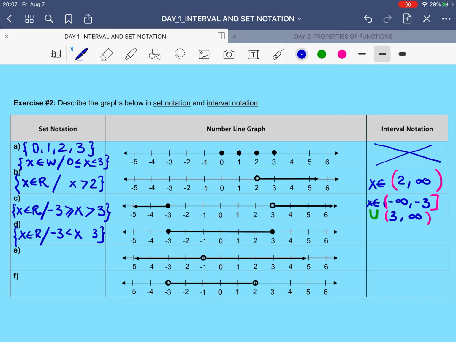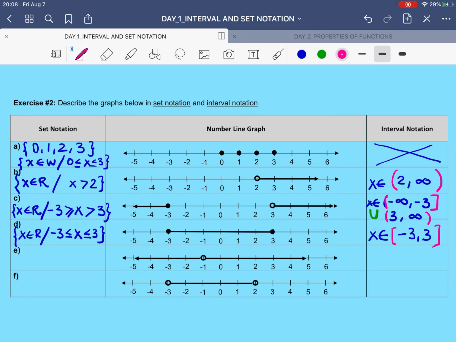And x is bigger than or equal to -3, because it's to the right of it, and less than or equal to 3. When it comes to interval notation, we're going to say that x belongs to the interval between -3, 3. And now we have to think of the brackets. Since we have filled dots on both ends, we're going to say that we need square brackets on both ends. And we're done with this.